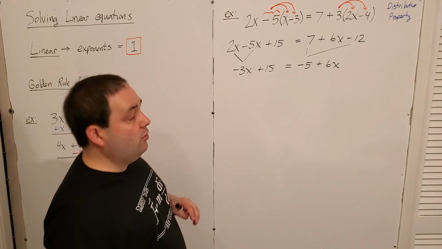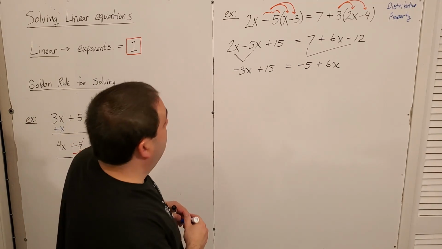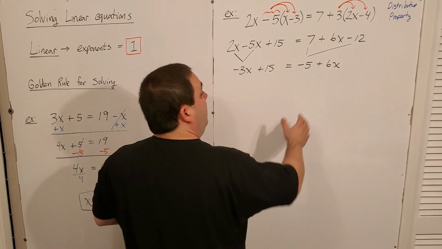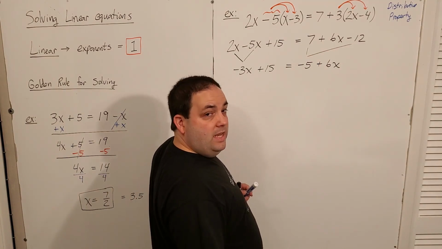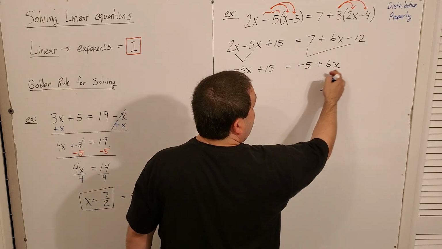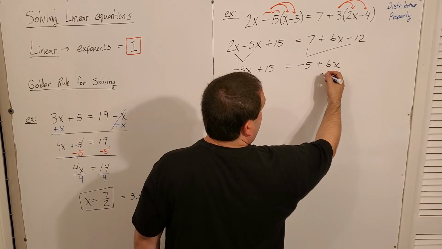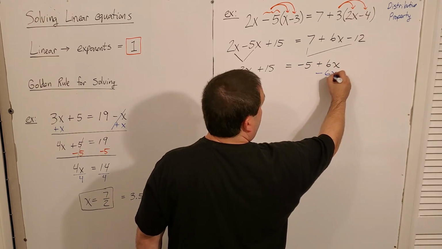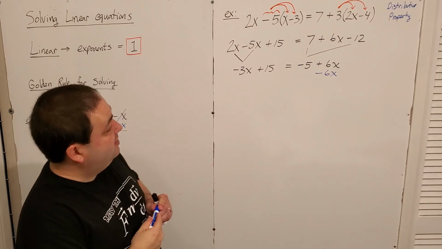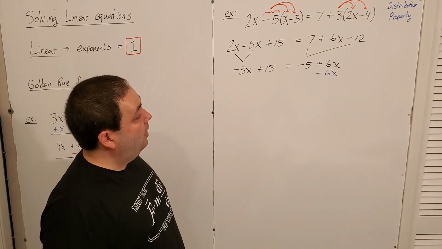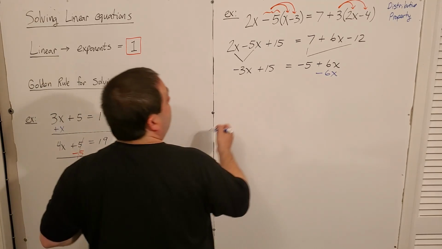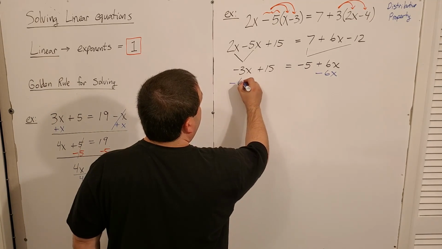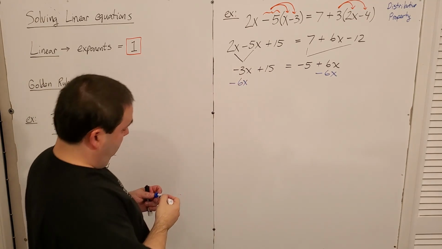Well, remember, we prefer letters to the left, so let's start there. Since the 6x is on the right, he should not be on the right. I'm going to get rid of 6x by subtracting, or if you want to say plus a negative 6x, either way. And of course, if I do that to one side, I'm going to do it to this other side, like so.